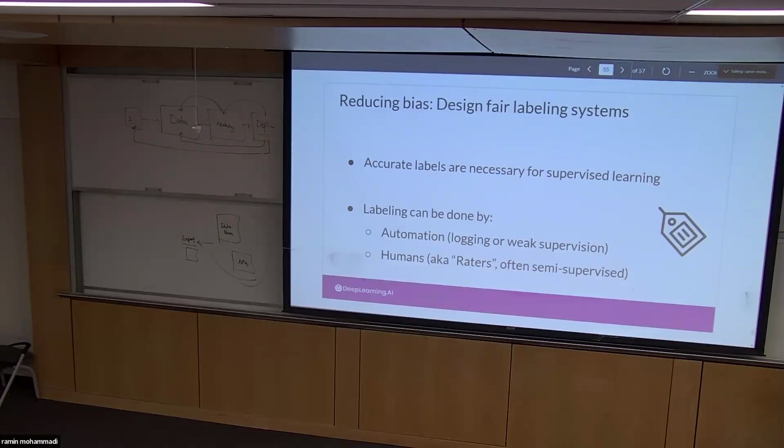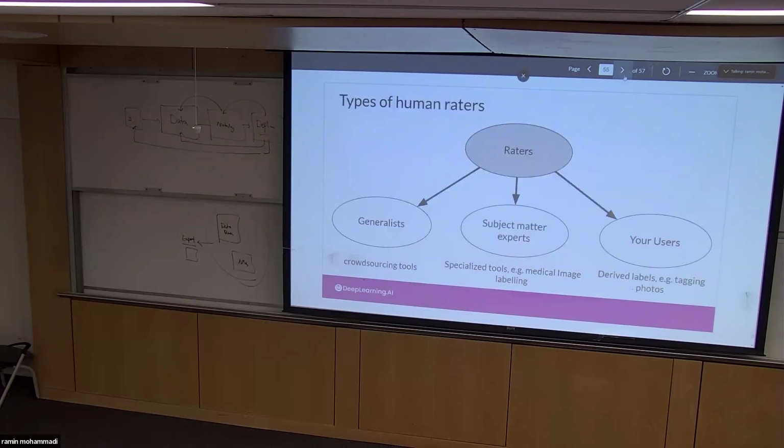If you provide proper instructions for the labeling before labeling, that could help reduce bias or improve labeling fairness. There are types of labelers or raters that you can use as part of labeling.